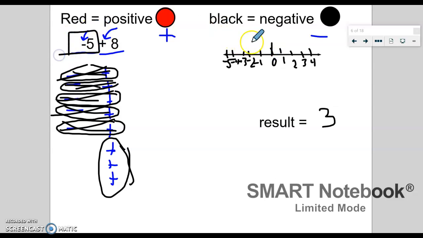The first number is negative 5, so I'm going to go to the left 5. 1, 2, 3, 4, 5. I stop there for a second, and then my next number is plus 8, so I'm going to go right 8. 1, 2, 3, 4, 5, 6, 7, 8. And that's your final answer, 3, which is the same result we got from the plus and the minus signs.